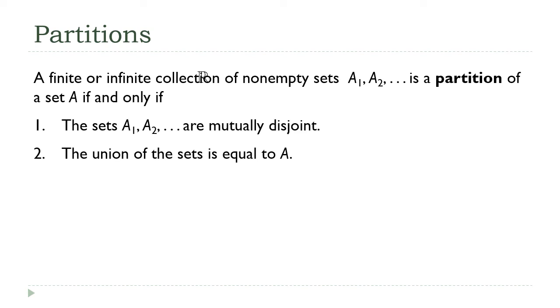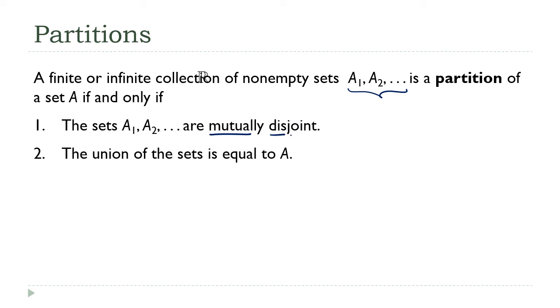So we can take this idea of pairwise disjointness a little bit further. Let's say we have a collection of sets, just like we had before. And again, I've let it go out to infinity. It's possible it could be a finite collection. And we have these two properties here. First, they're mutually disjoint.